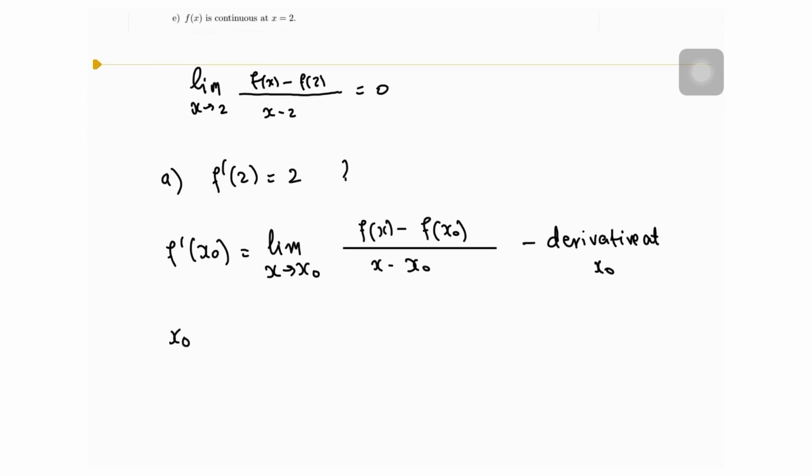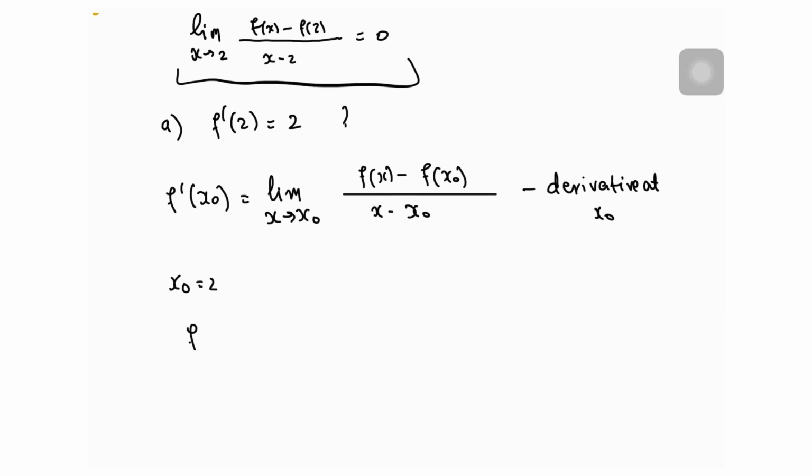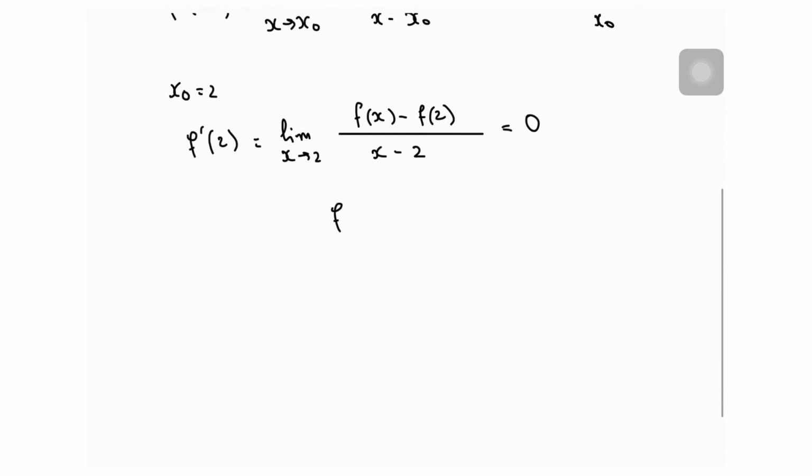Now taking x0 equals 2, we have what is given to us at the starting point. That means f prime of 2 equals the limit as x goes to 2 of f of x minus f of 2 over x minus 2, and that's equal to 0.